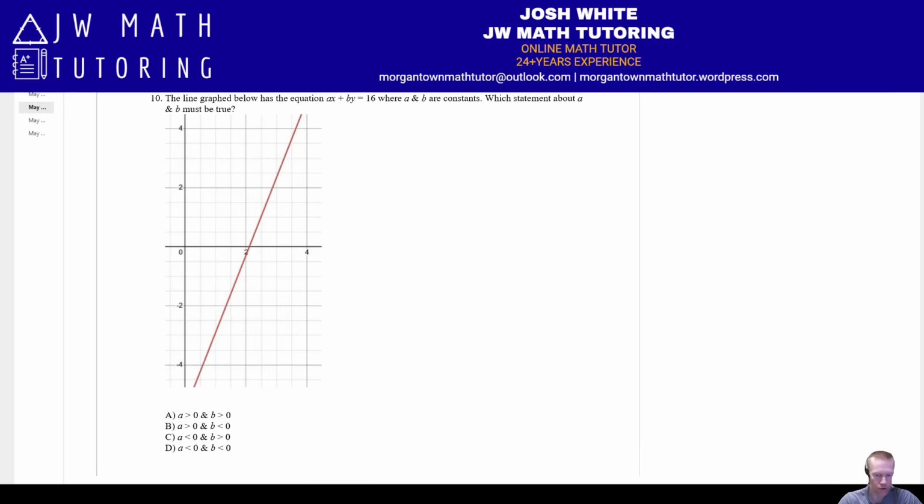So there's multiple ways you could look at this. First, I'll talk theoretically. If you put this in slope-intercept form, you get by equals negative ax plus 16, and then divide by b, divide by b, divide by b here, okay, you get the following. Notice the y-intercept of this line will be negative. It's not pictured, but it's going to be somewhere down here, and it's going to be a negative value.